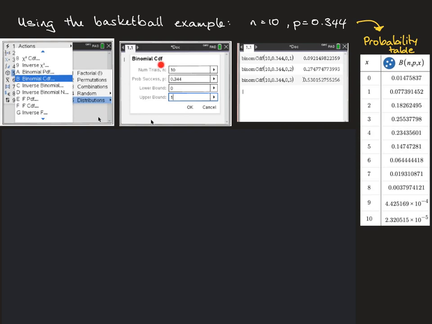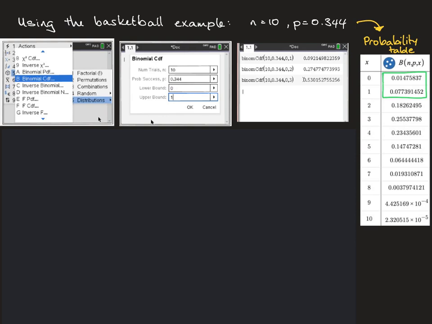And when you put in the information, you'll have a lower bound and an upper bound. That says from which x value do you want to start adding the probabilities, and where do you want to finish. So you can see in this example I've got lower bound as 0 and upper bound as 1. What that does is that it adds these two probabilities together.